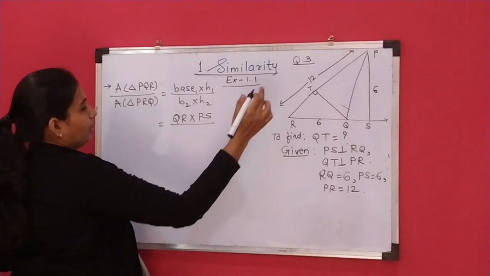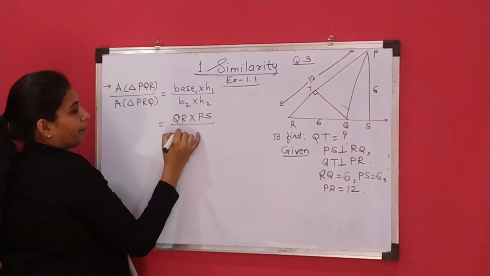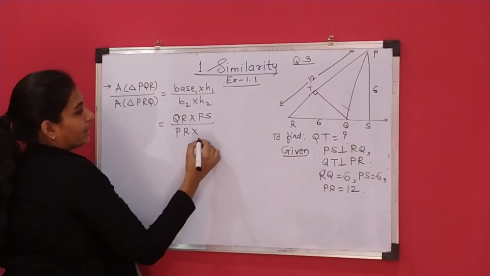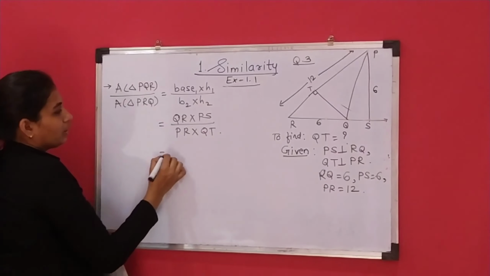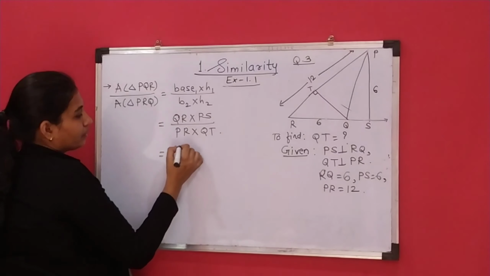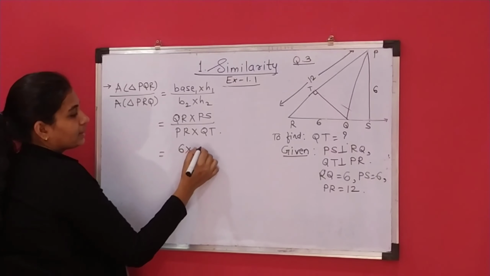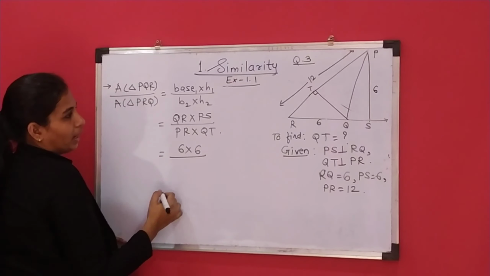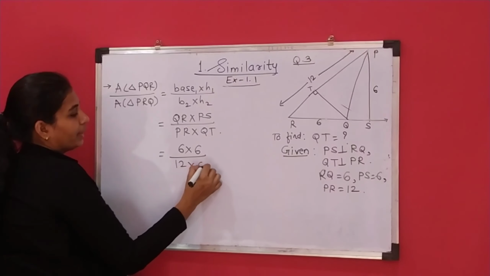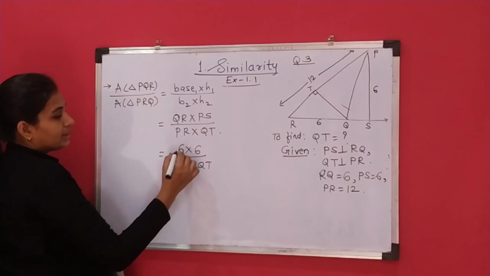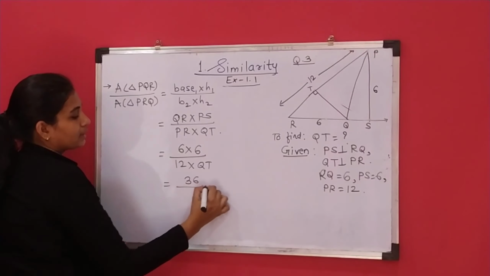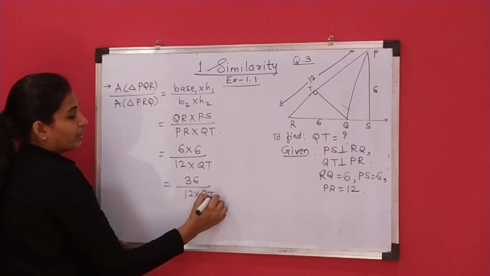For triangle PRQ, the base is PR and the height is QT. Now QR is 6, PS is 6, PR is 12 into QT. 6 6s are 36 upon 12 into QT.